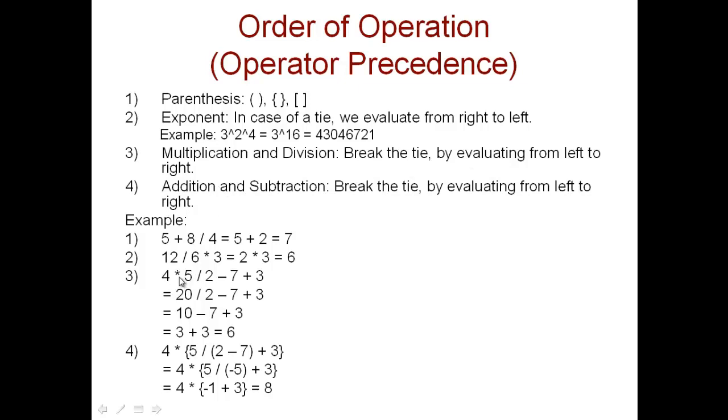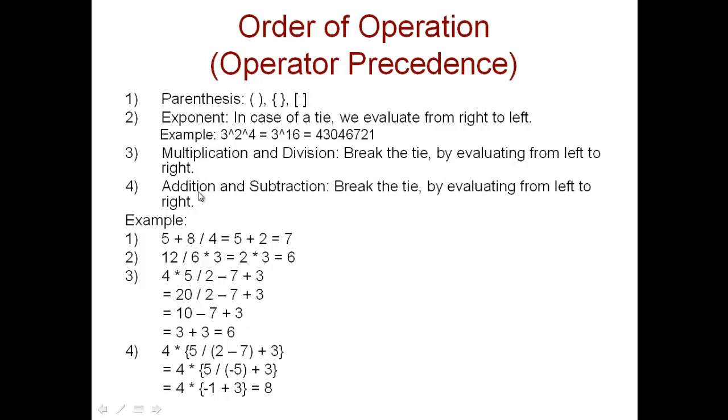We have star appearing first and then the division, so we do 4 star 5 first, which is 20. Then divided by 2 minus 7 plus 3. Division now gets more precedence, so we do 20 divided by 2, which is 10, minus 7 plus 3.